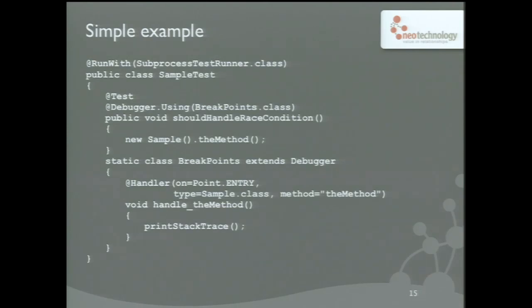Then you have your test code as usual, and you say, I want to debug this using the breakpoints defined in some class. And then you define breakpoints by specifying that this method is a handler for, and then a specification of the breakpoint. And so far I've found that it's good enough to be able to breakpoint on method entry and method exit.